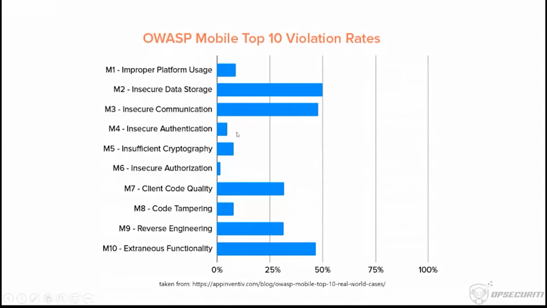And yeah, extraneous functionality. For the case of Instagram, I think when they were releasing stories, some people got it, some people didn't. But probably if you decompile the code, you can already see the code is there. It's just not activated for your account. If you have something like that but don't secure it, then people can use stories.